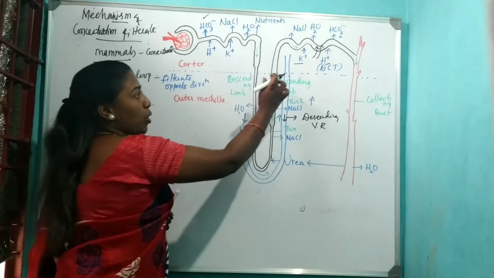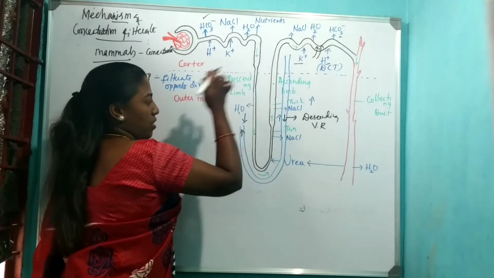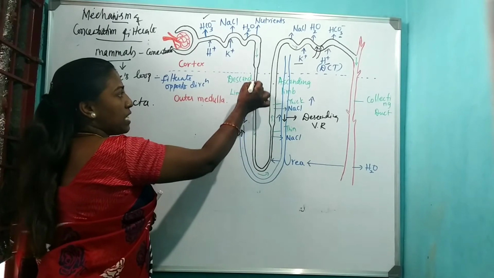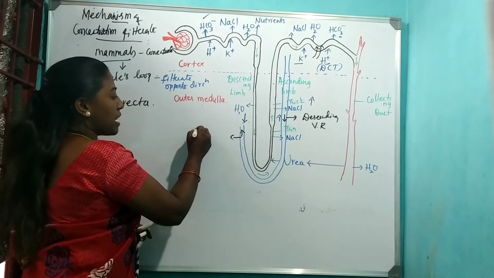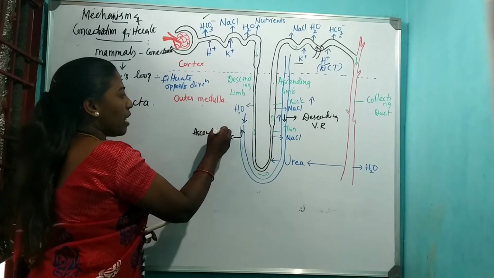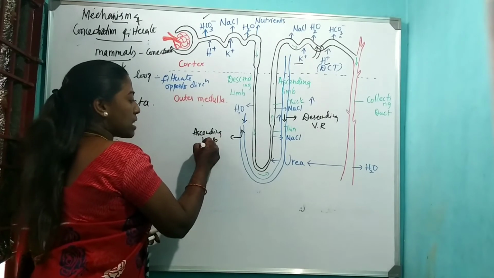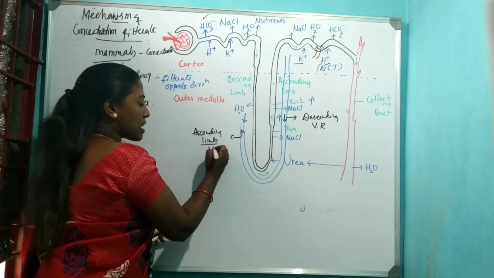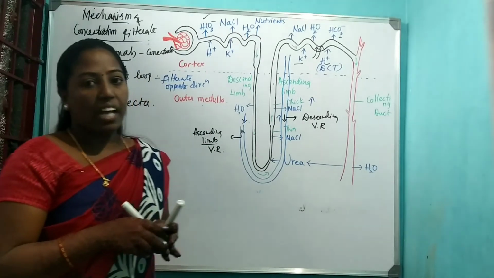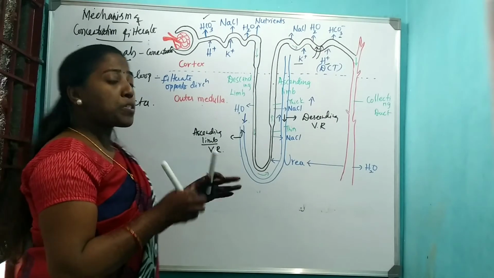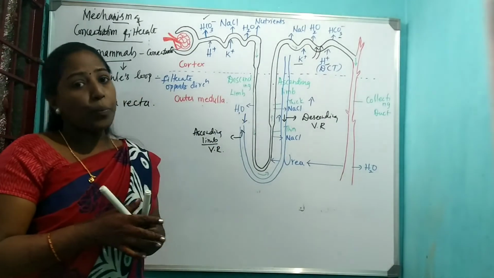The proximities are opposite. On this side is the descending limb of Henle's loop, and on this side the ascending region of the vasa recta is found. That is, the proximities are also in the opposite direction.